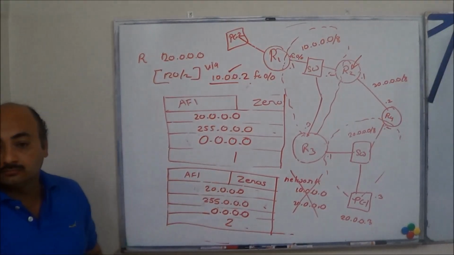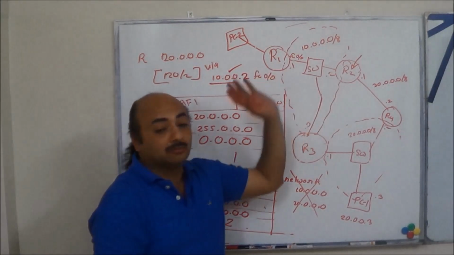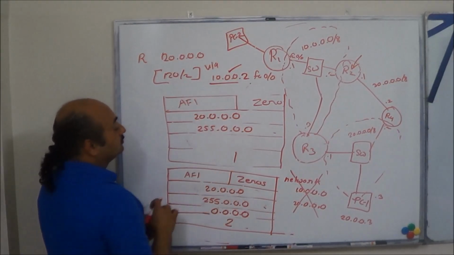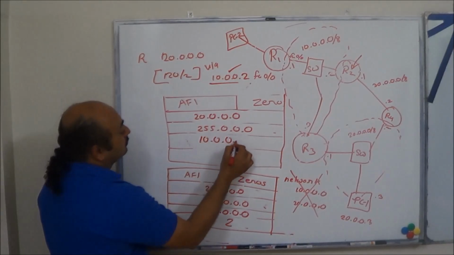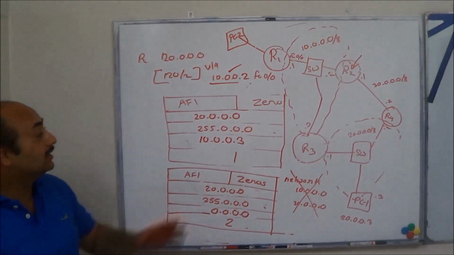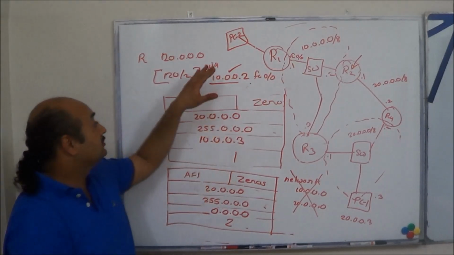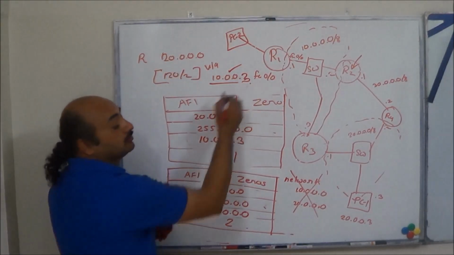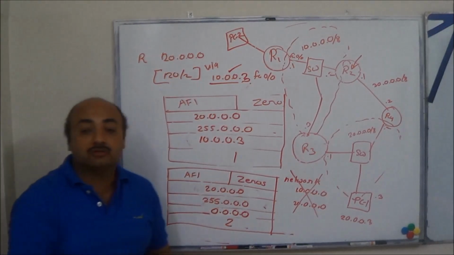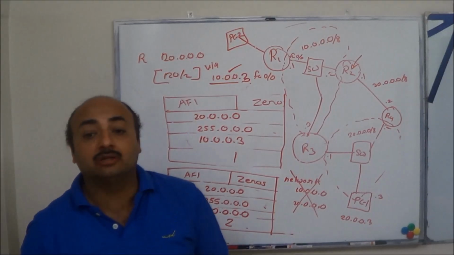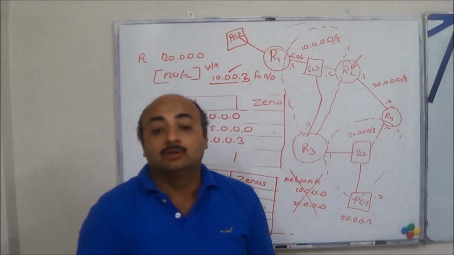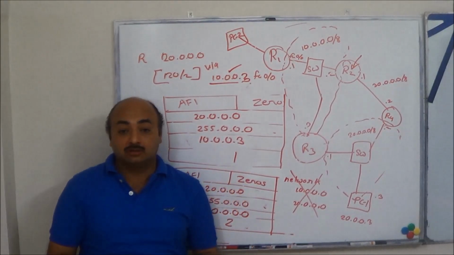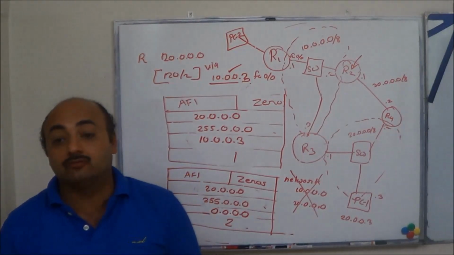And hence it would say the next hop is this. But now R2 is sending an update to R1 with this value. So that gives an indication to R1 that for this route, I have to use the next hop as this. It is something like telling someone that if you want to learn networking, you should not learn from me, you should learn from Sachin sir.